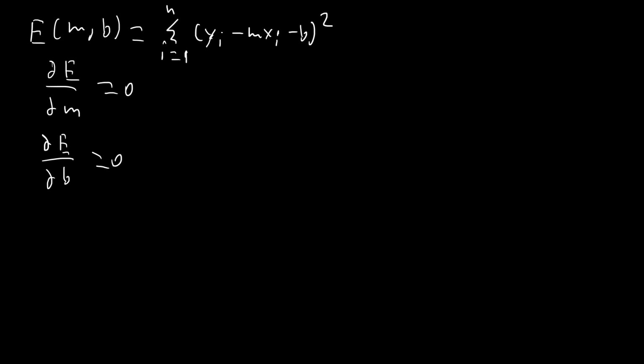But luckily we don't actually have to worry about that. The reason is, when we're changing m and b, there's no real way to get a maximum amount of error at any point.